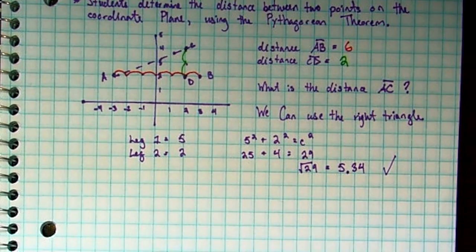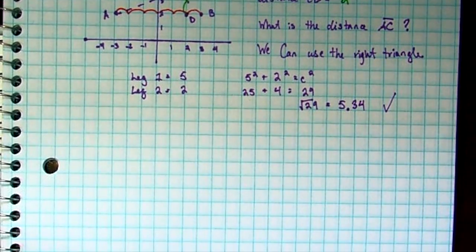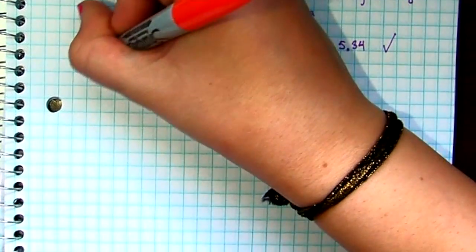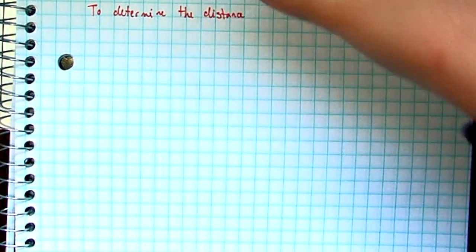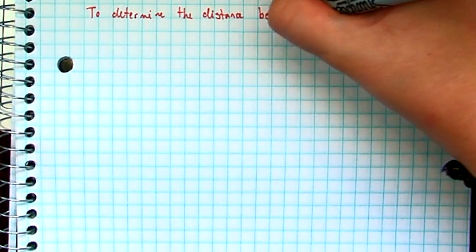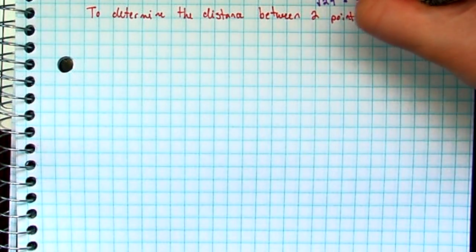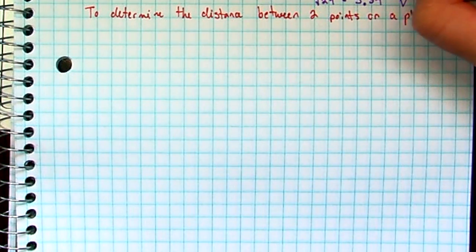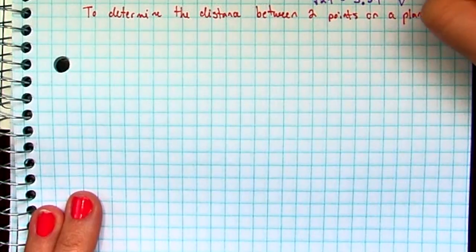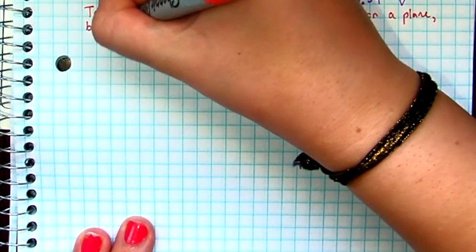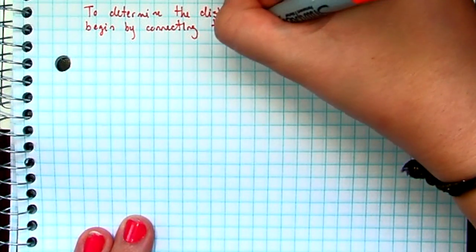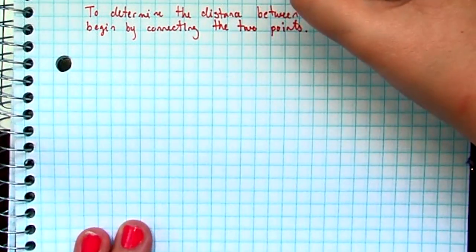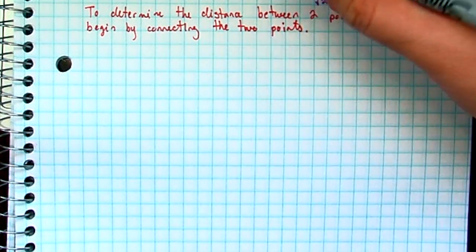So given any 2 points on a coordinate grid, I can use the Pythagorean theorem to determine how far apart they are. In order to do that, I'm going to write out these quick instructions. To determine the distance between 2 points on a plane, begin by connecting the 2 points with a straight line.